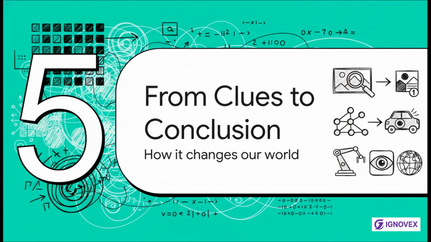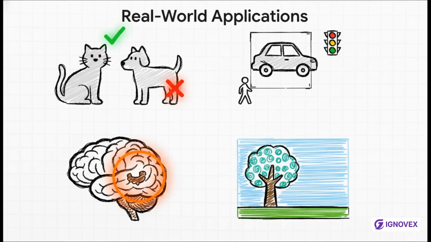Because when a computer can truly see, it can do some absolutely incredible things. This one core idea powers so much of our modern world. It's behind simple image classification, telling a cat from a dog. It's what allows self-driving cars to detect pedestrians. It's what enables medical AI to spot tumors in X-rays, sometimes with superhuman accuracy.